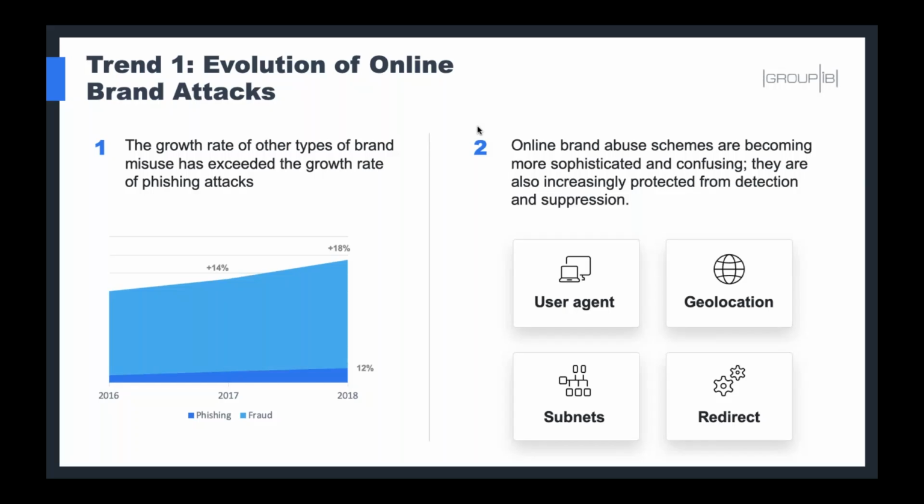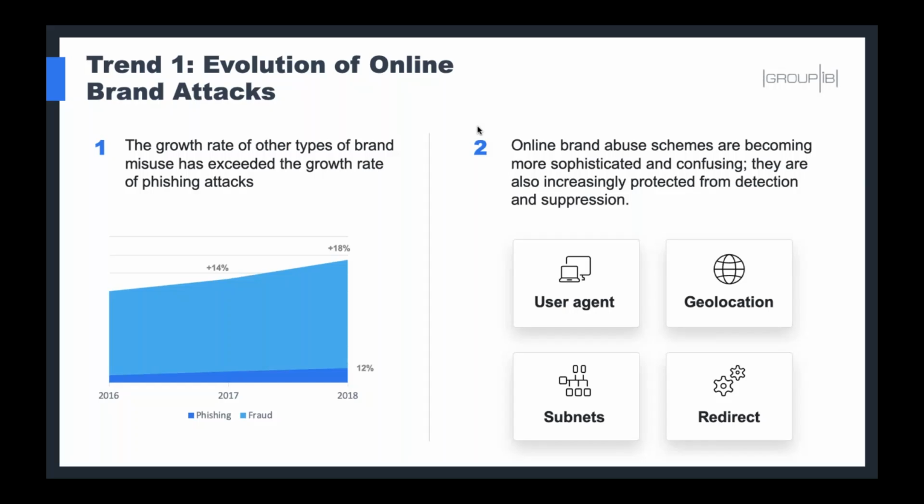The second point is that fraudsters are becoming smarter and smarter, and brand abuse, brand usage on fraudulent pages, is now not just a typical website, a typical web portal which you can get access to very easily.